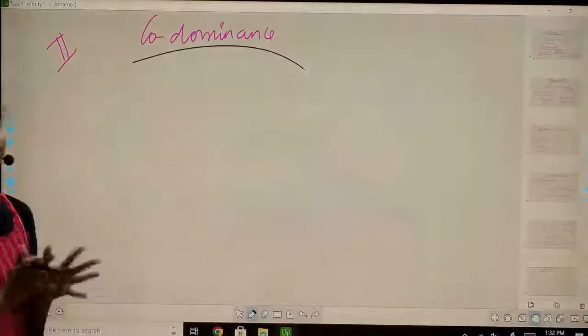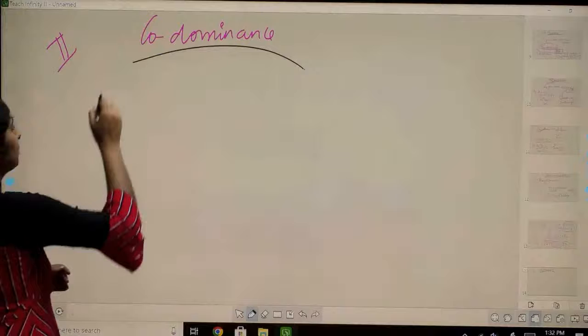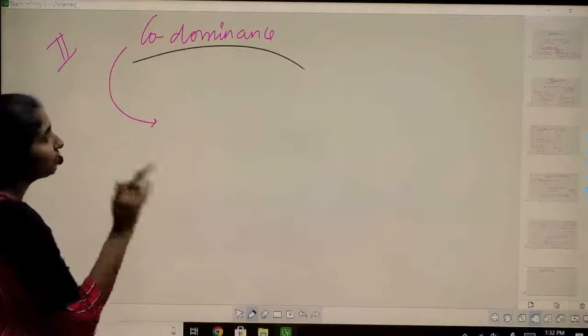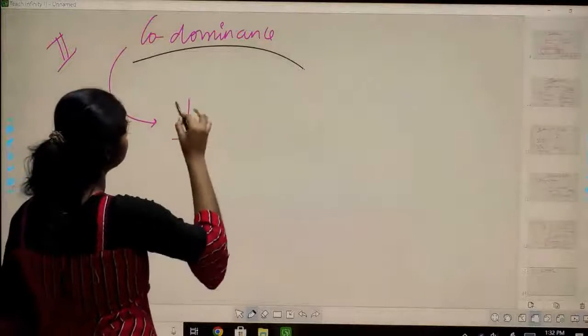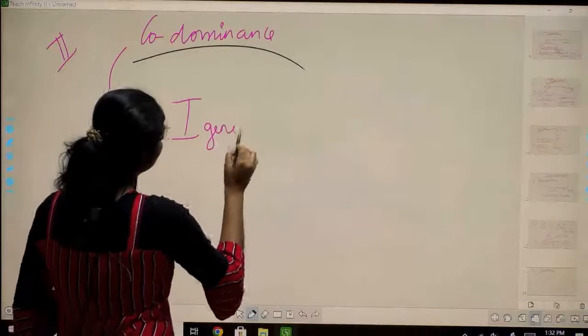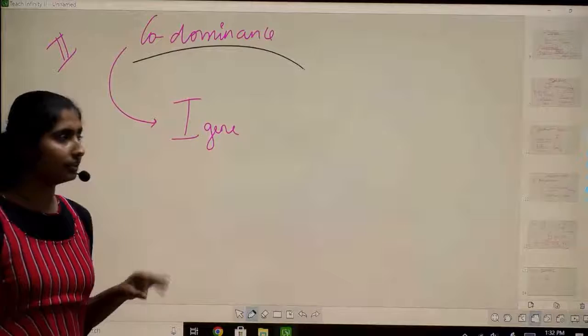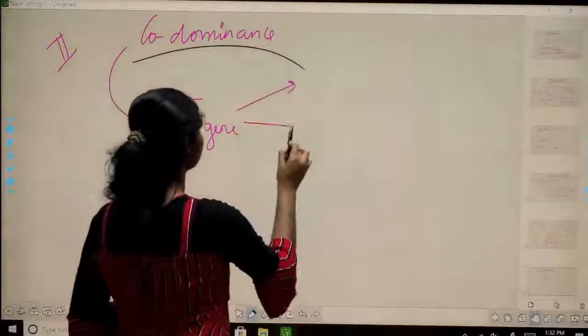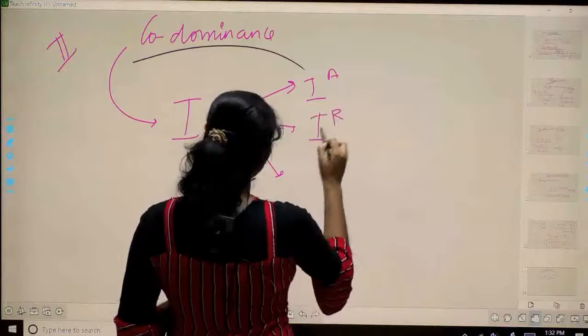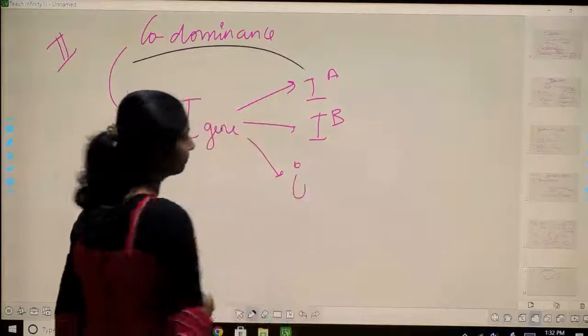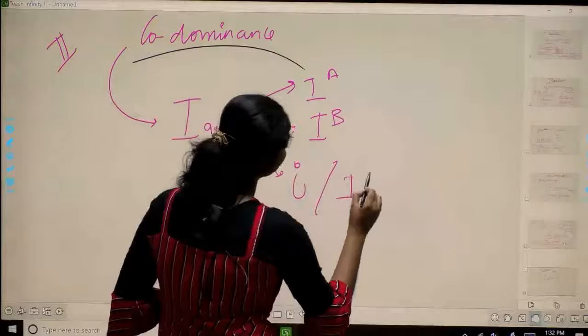An example for codominance is blood groups in humans. Blood groups in humans are controlled by the gene I. This I gene has three alleles: IA, IB, and i, which can also be shown as IO.